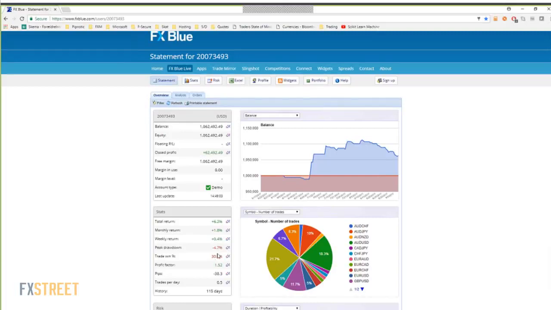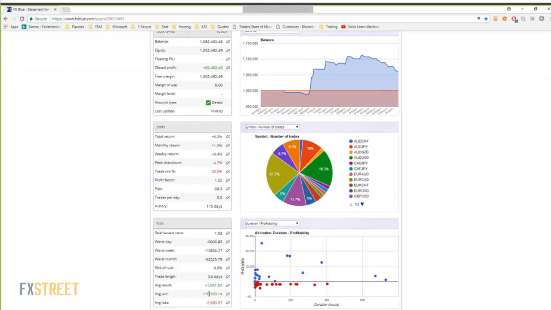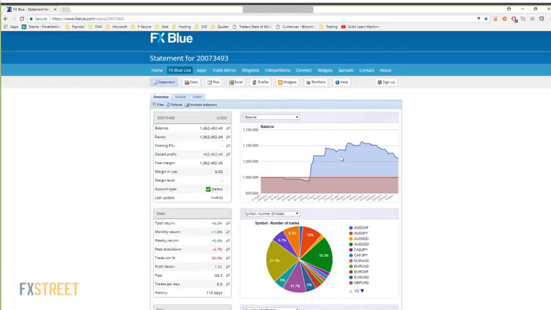And if you have a look here, you can see average win, $10,000, average loss, just under $3,000. And so this is why he can lose roughly 70 to 75% of the time and still be in the green. And this is simply because he's letting his winners run, and he is cutting his losses short.